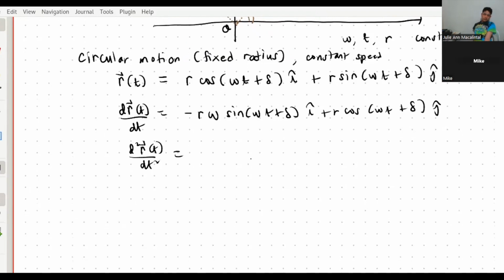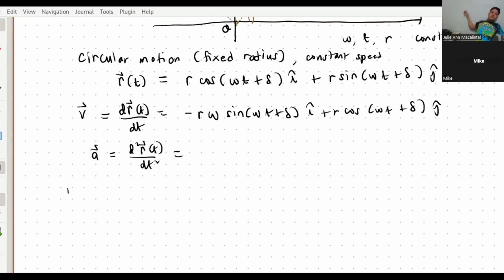Constant fixed radius, constant speed, and those conditions are satisfied when omega and r are constants. So ito yung velocity, ito yung acceleration vector, and then so ano yung expressions?